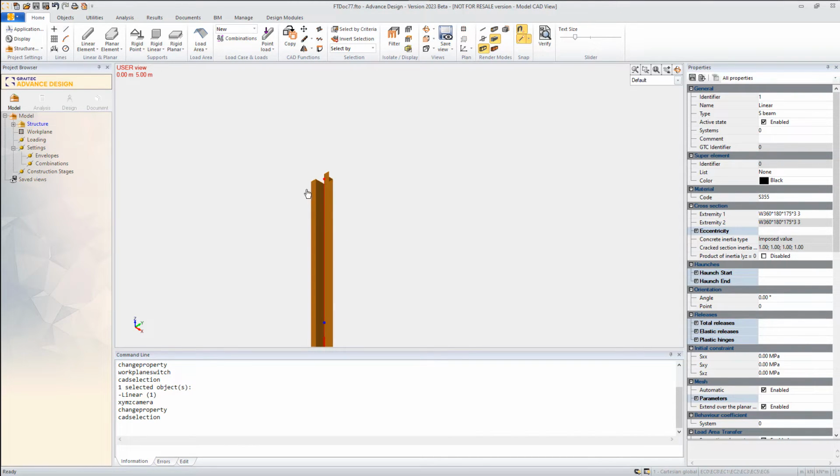You can see right away how it is displayed in the 3D rendering.